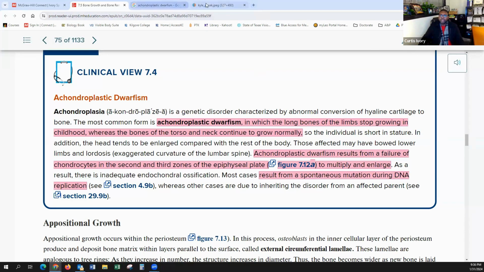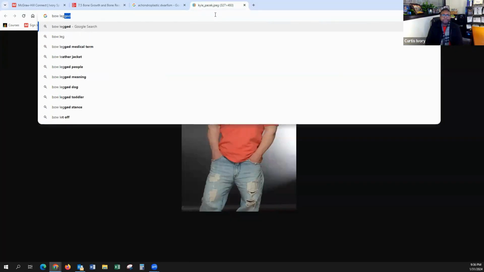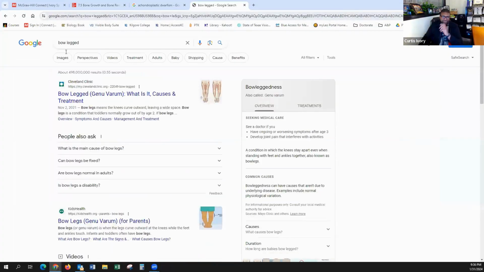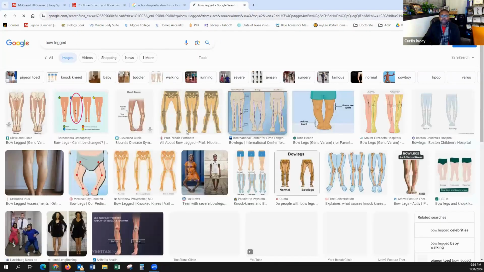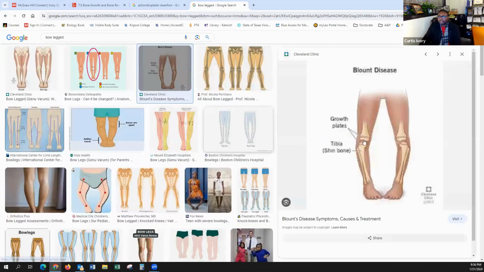So let's look at a picture of bow legs. Bow-legging will essentially cause your legs to start expanding.